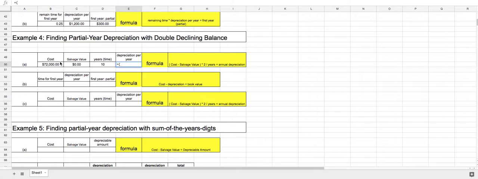So we're going to go equals parentheses cost minus salvage value, times 2, divided by years. And again, the reason we do times 2 is because it's double declining. So we put 2 in there, divided by years. That gives $14,400. Now, this was purchased in April, so that means we have 9 months left to work with.